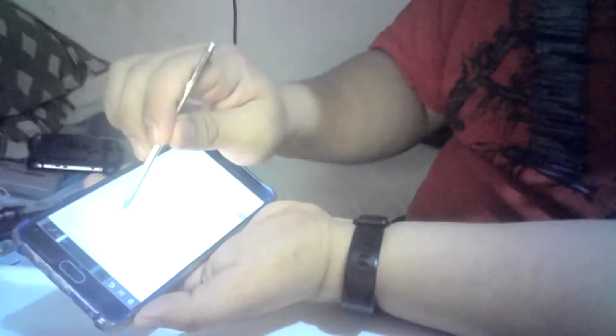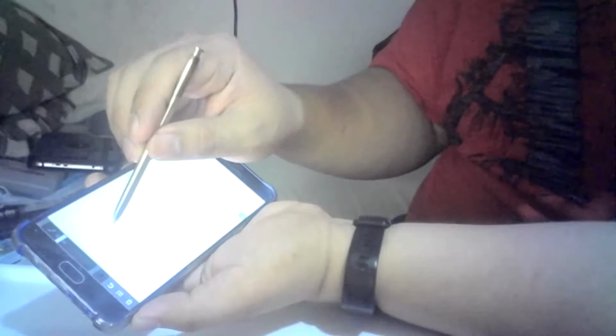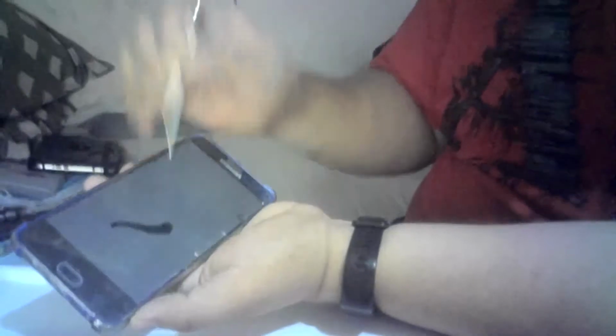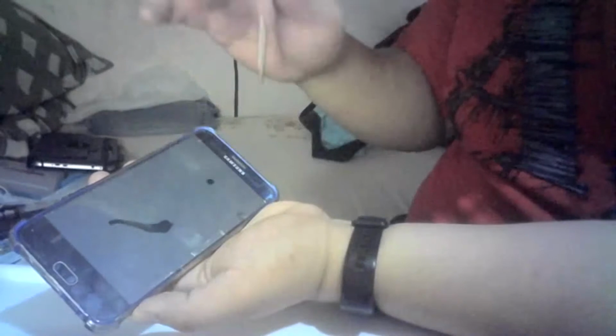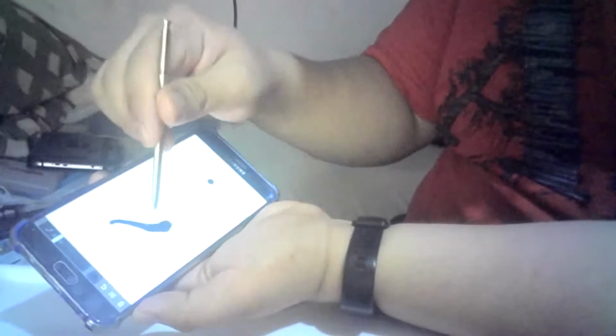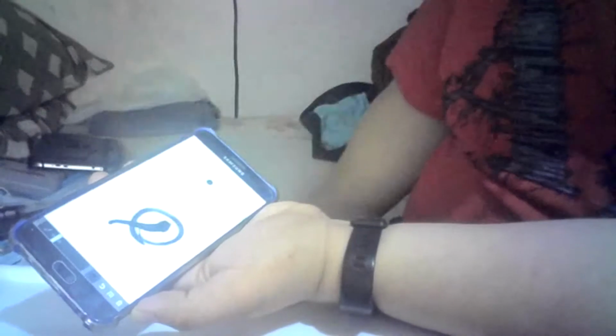It doesn't have to be perfect, but again, the ideal way to write the na is decrease pressure sa top, then lakasan mo yung pressure when you go downwards and you achieve like this one. So, ganun yung pagsusulat ng na, the downward right stroke.